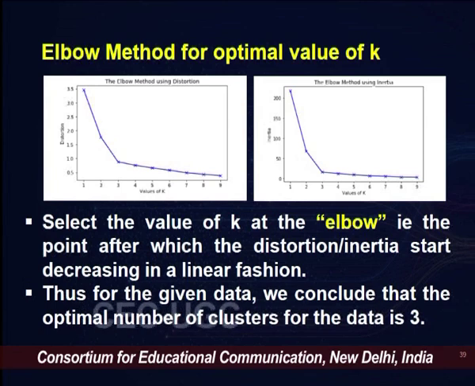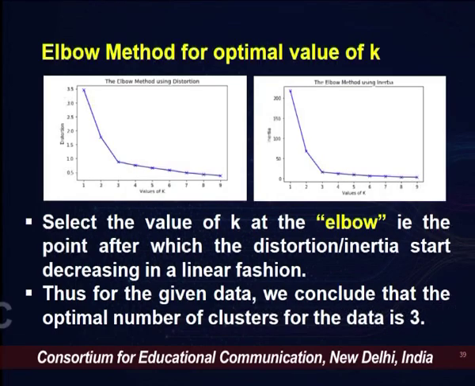As you can see in this particular diagram, I have to select the value of k at the elbow, that is the point after which the distortion or the inertia, these two diagrams basically represent the distortion with respect to the number of k, the k point on the x axis, and similarly the inertia with respect to k.